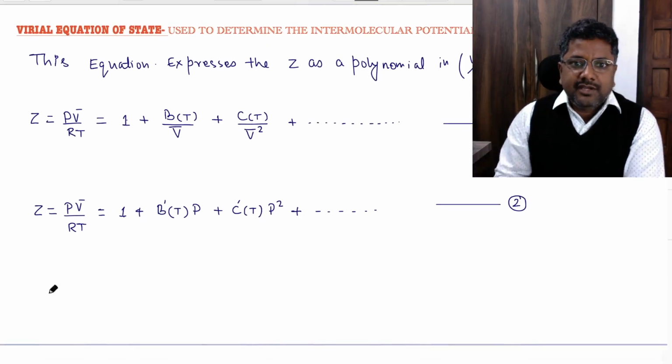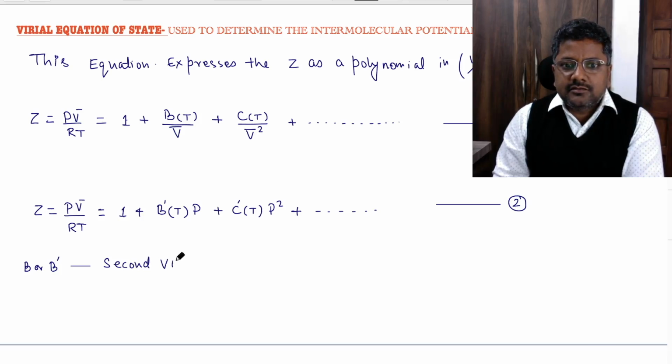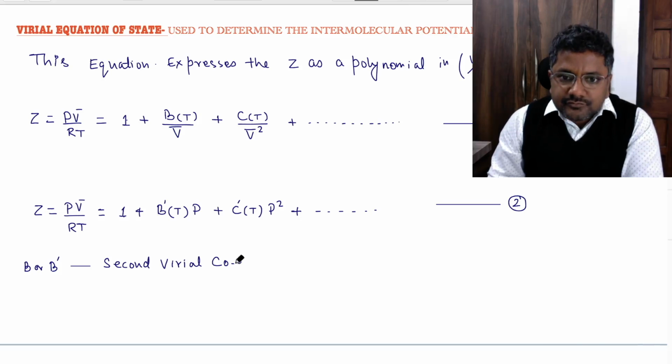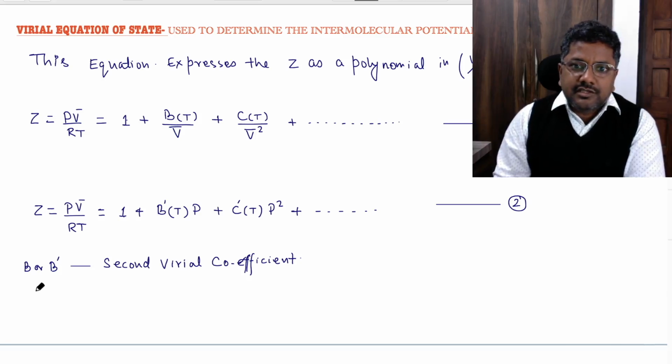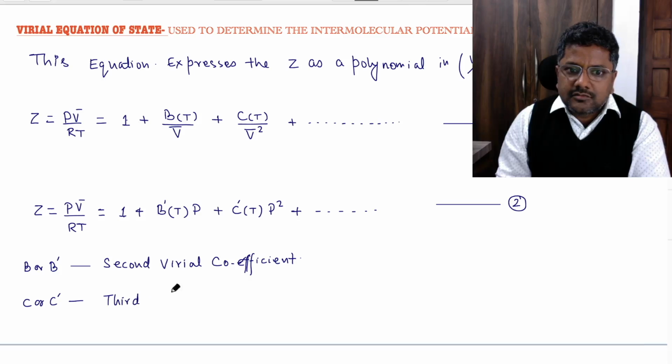So B or B dash is called the second virial coefficient, C or C dash is the third virial coefficient, right?